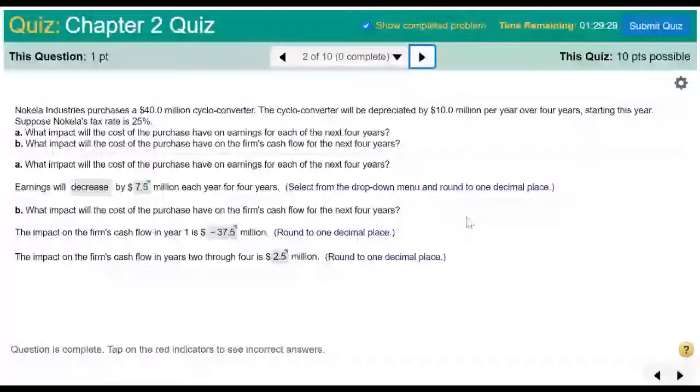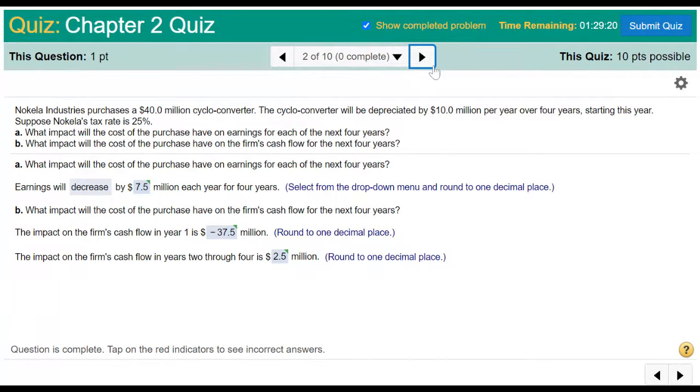How about this one? Oh, you can't see it. All right. Let me hold on 1 second. I'll show it to you in another way.